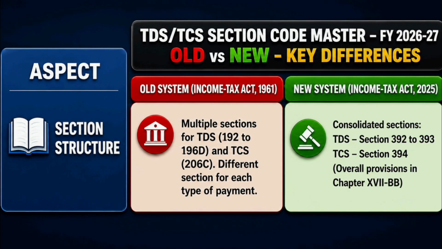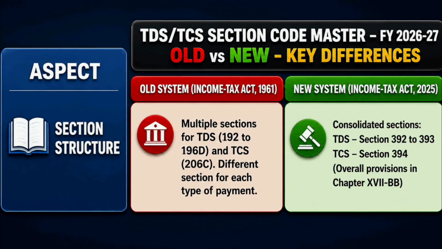First aspect, section structure. Under the old system, the Income Tax Act 1961 has multiple TDS sections like 192 to 196D, and for TCS, 206C, with different sections for each type of payment.